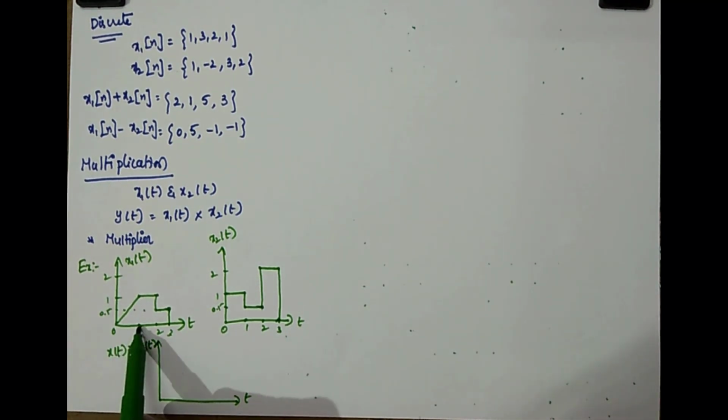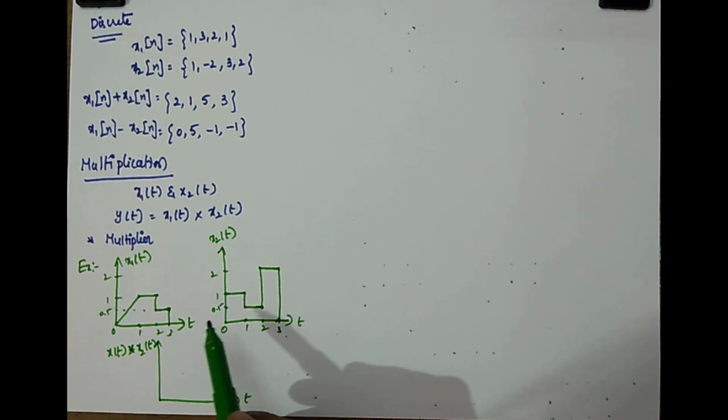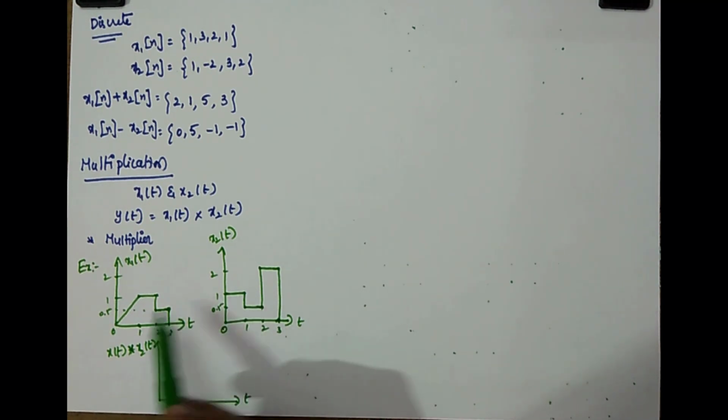So between 0 and 1, if you see x1 of t, it has one ramp. Here between 0 and 1, you have one stub type and with amplitude 1. So this 1 into ramp is ramp only. So between 0 and 1, you have a ramp of amplitude 1.